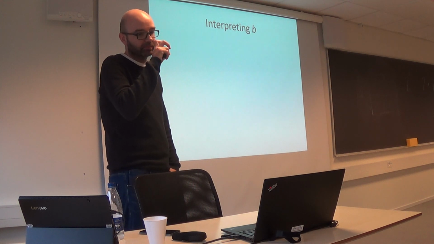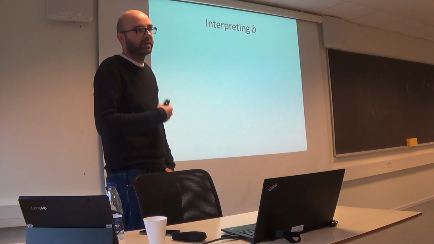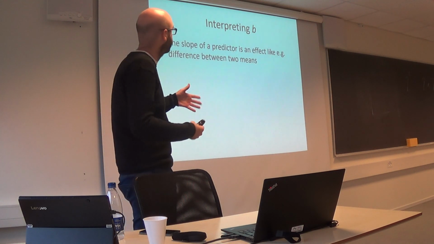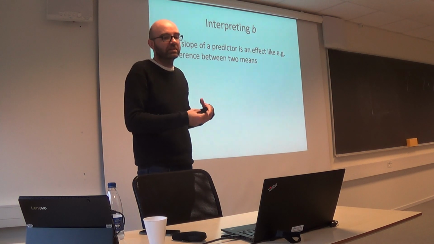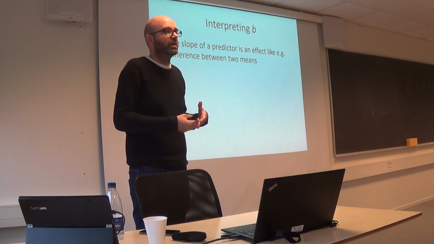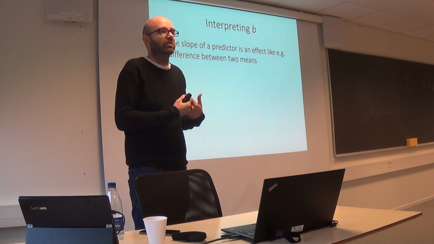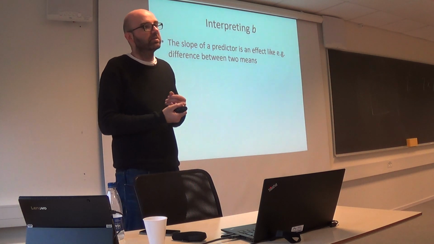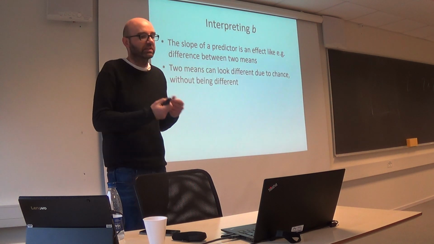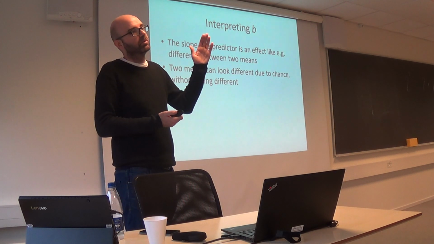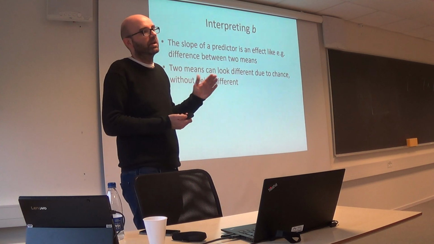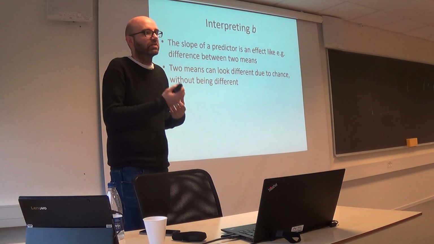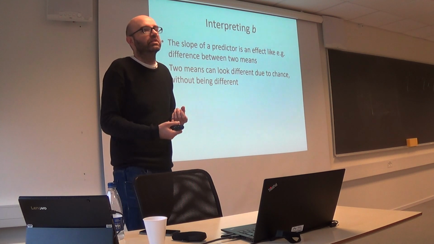How do we interpret this? Well, this b value, as we've seen, is a slope, the slope of our predictor, and we can think of this as an effect, just like we talked about the effect yesterday of the difference between two means. And just like two means can look different due to chance without actually being different, this slope can look different to zero even though it's not. So again, because we're in the null hypothesis significance testing framework, we have to worry about this kind of error of finding something that's not actually there.